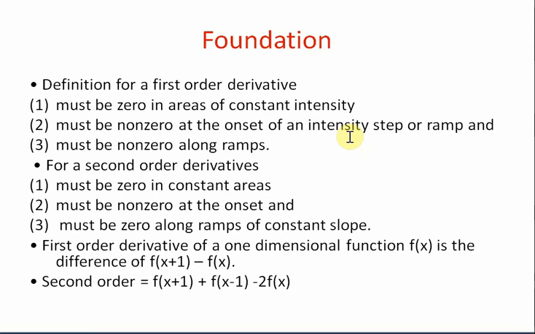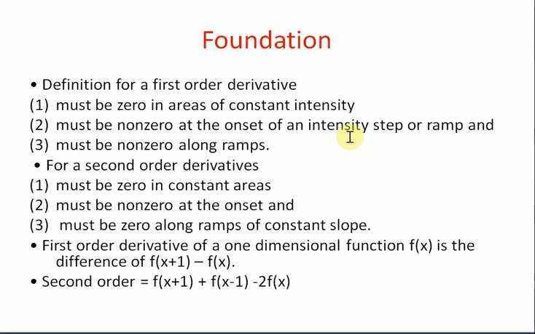That means if you apply the first order derivative operation to an image, you may segregate the image like this: some area has constant intensity, or ramp-like intensities, and also some sudden changes like the onset of an intensity step or the onset of an intensity ramp. If you apply the first order derivative operation, then you get the resultant intensity values like this.